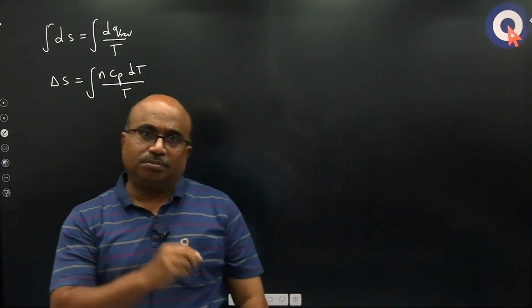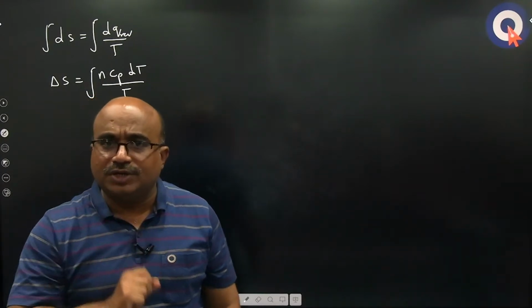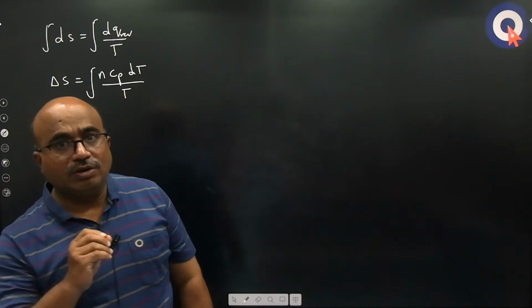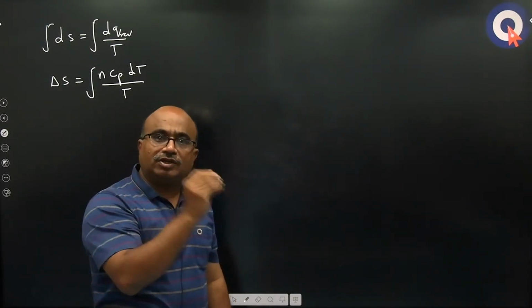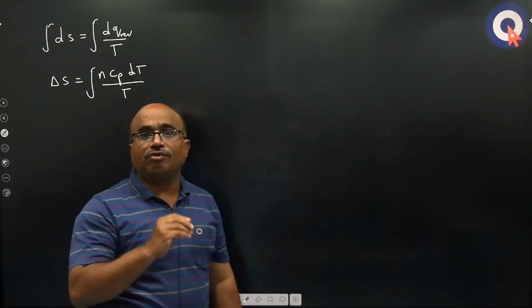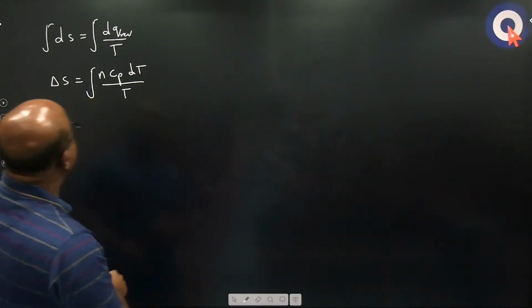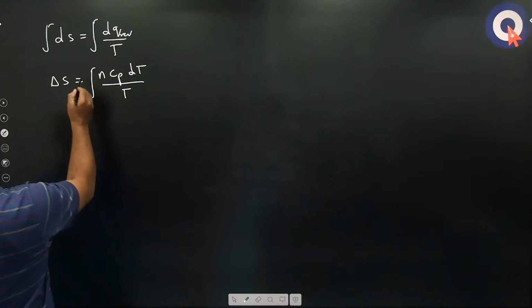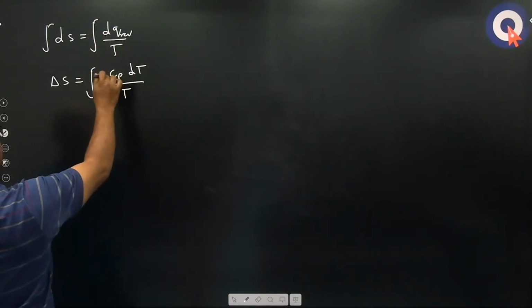Work done is a path function, we can't integrate it because it is an inexact differential, so we determine the net work done by writing it in terms of P dV and then integrating. Similarly, for entropy change we calculate dq reversible by T, that is n Cp dT by T.